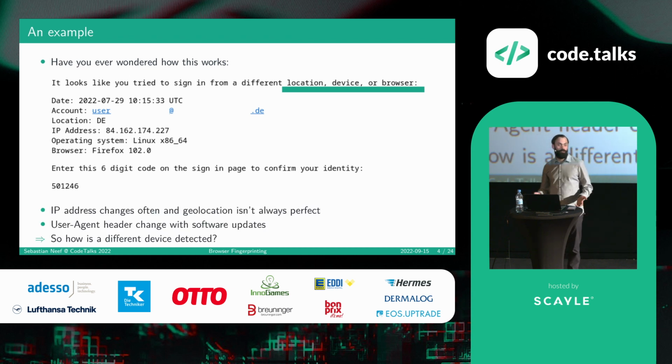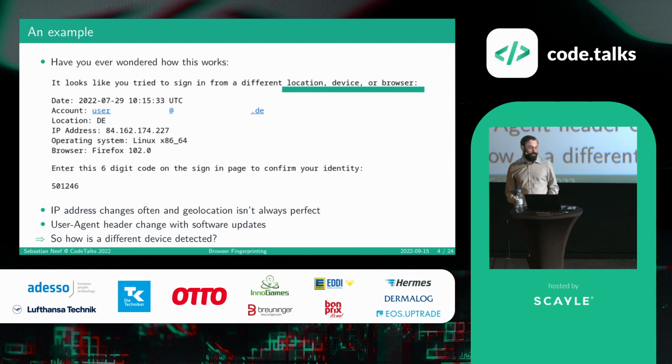Well, of course, you could detect a different login from a different location based on the IP address, but IP addresses change often, at least in Germany, I believe, every few days or so. So you don't want to bother the user every time he or she logs in. And geolocation isn't always perfect.